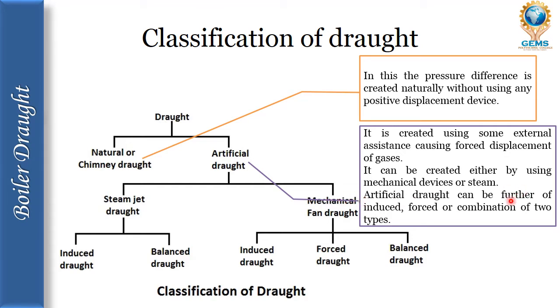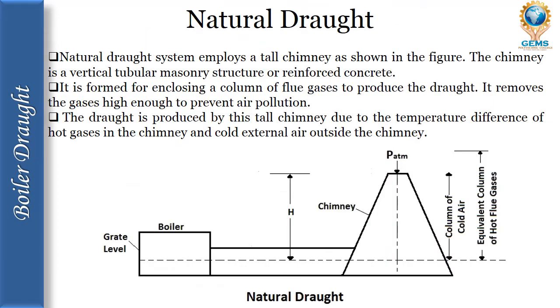Artificial draft is subdivided into steam jet draft and mechanical or fan draft. The steam jet draft is further classified into induced draft and balanced draft, and mechanical or fan draft is further classified into induced draft, forced draft and balanced draft.